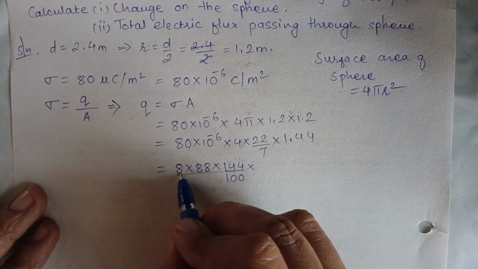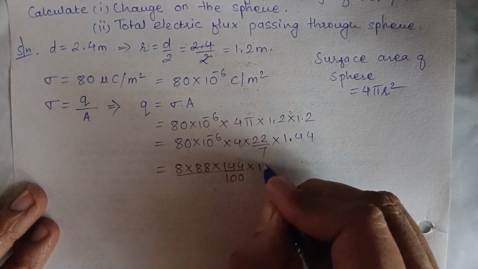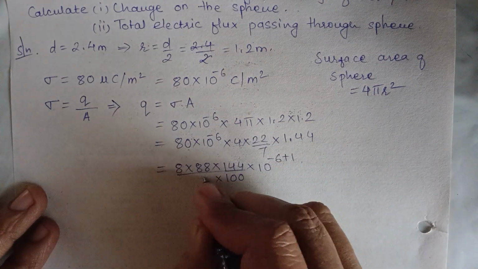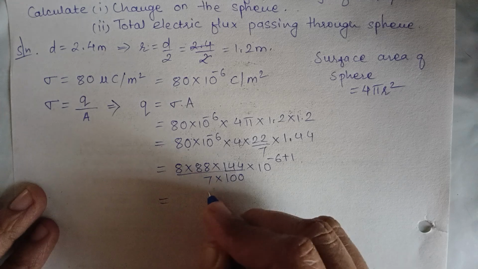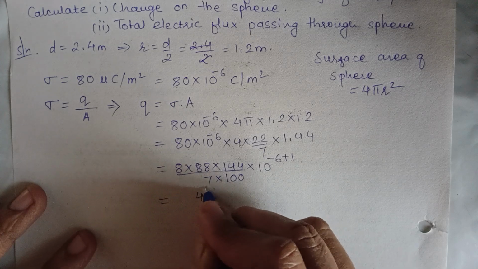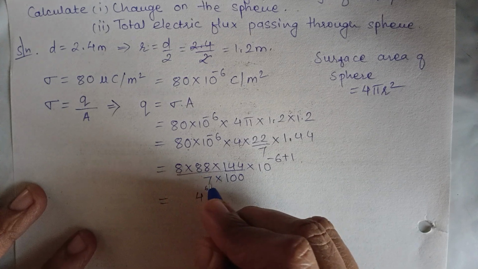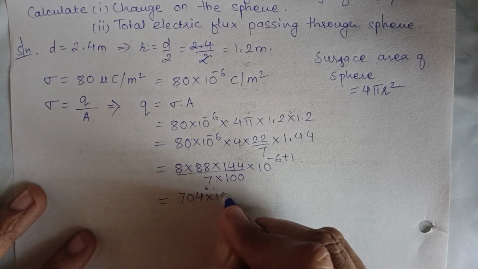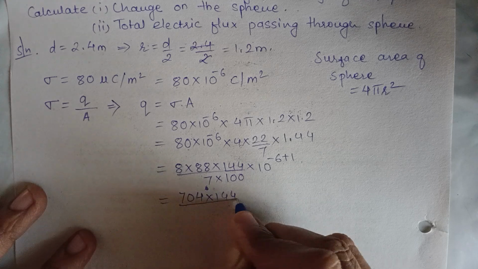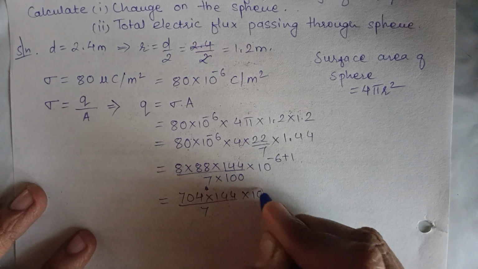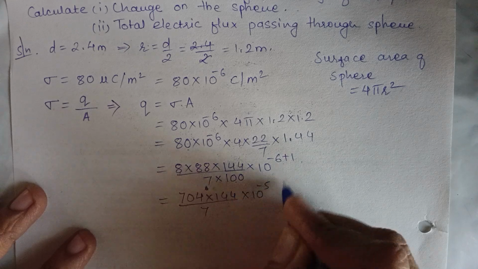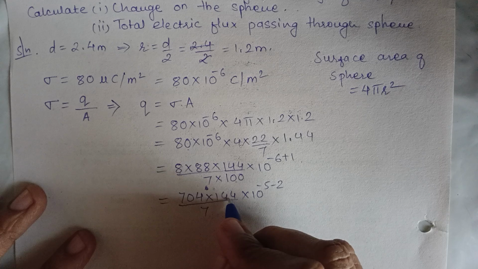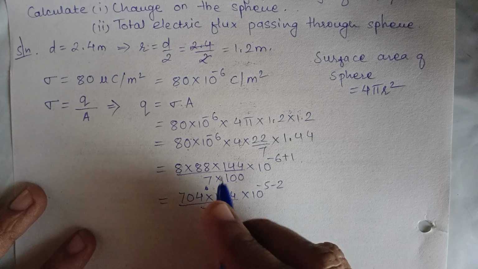Then this 10 I have removed. So 10 raised to minus 6 plus 1, and also 7 is there. So 144 upon 7 into 10 raised to minus 5, and this will be minus 2. So this we have to calculate.